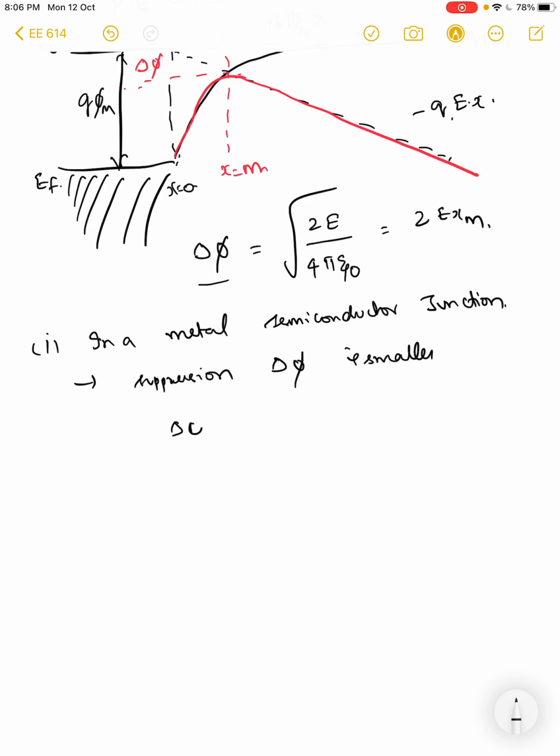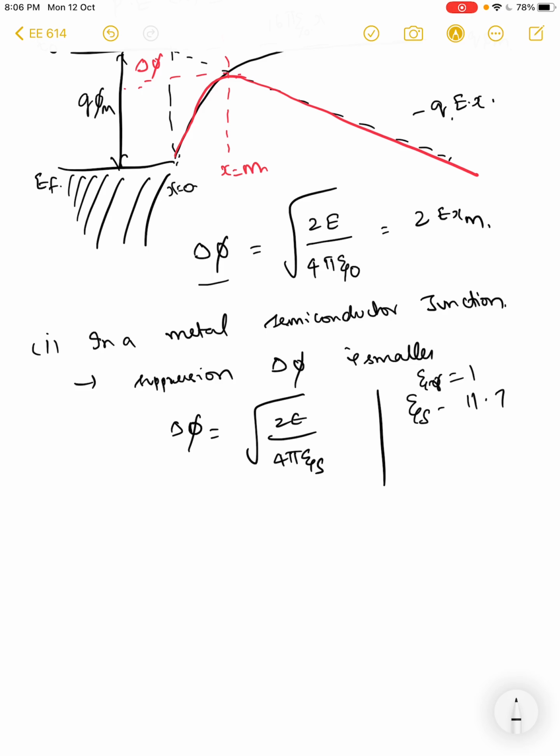Because del psi is now 2e by 4 pi epsilon s, where epsilon s is the dielectric constant of the semiconductor, right? Any force that is experienced is screened by the dielectric constant, so epsilon s for silicon is about 11.7, where epsilon r is equal to 1 for vacuum. So basically you have the lowering which is about an order of magnitude lower if you are working with silicon, right?